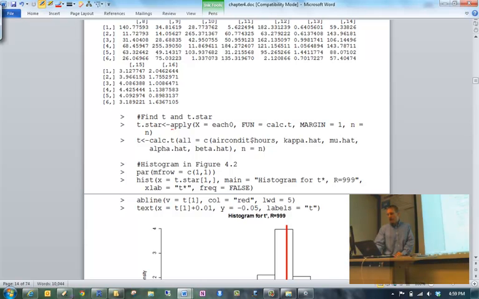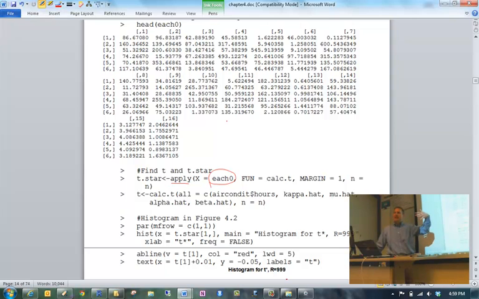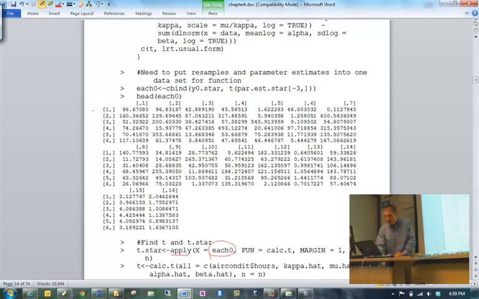As you might expect, I use the apply function. What I'm going to do is create an object called each zero, or each O, meaning each data set resample under H0 is going to be in there. So for example, this is going to be Y11 star, this is going to be Y1,12 star. But also at the very end, I'm going to put the maximum likelihood estimates too.